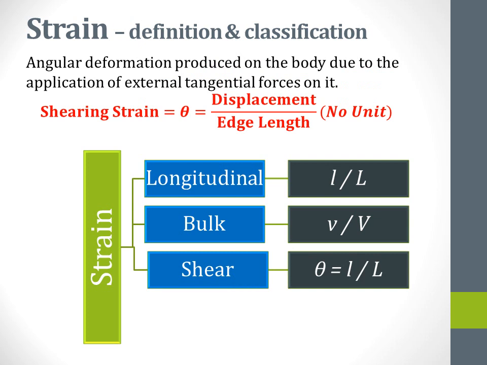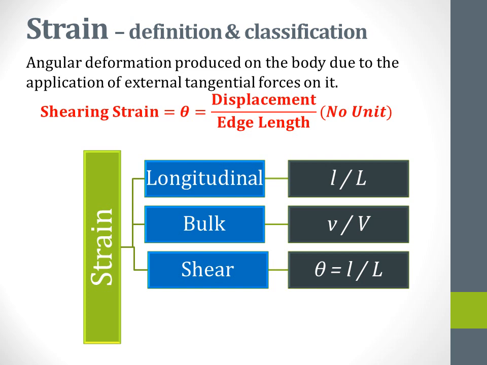Third type of strain is the shear or shearing strain. It is the angular deformation produced on the body due to the application of an external tangential force on it, and it is given by the ratio between the displacement and the edge length.